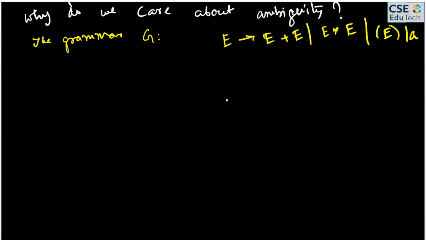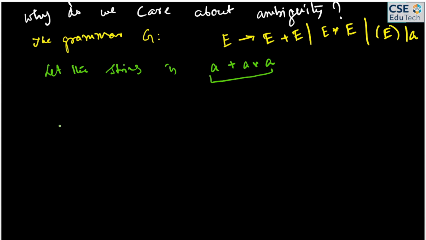Now we consider a string, let the string be A plus A into A. Clear? Now first we'll check whether it is ambiguous or not.